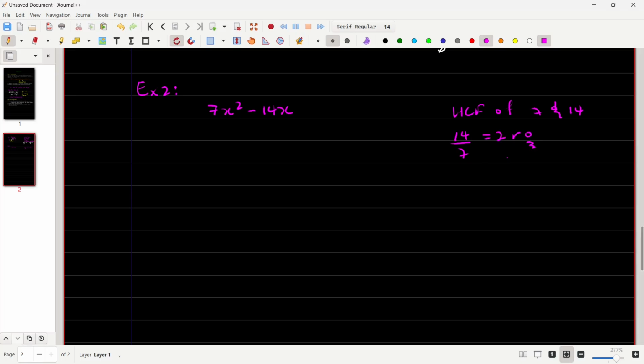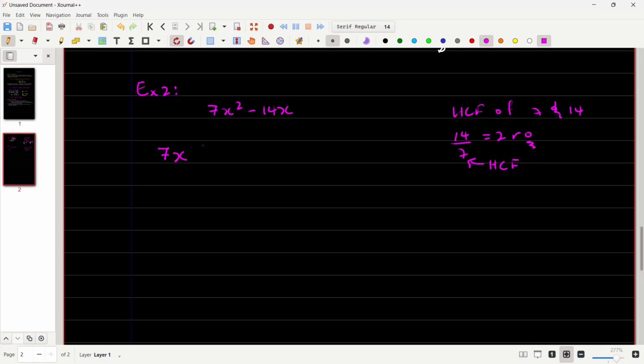This remainder 0 tells us that 7 is the HCF. Now we're looking at common variables. We see that x is something in common. Let me put out this 7 here first. We see that the lowest exponent of x is 1. So that means we put x here.